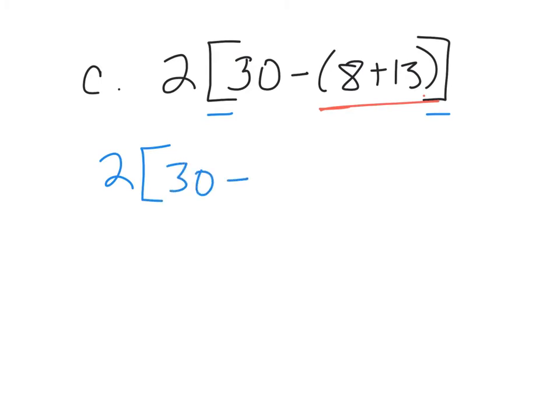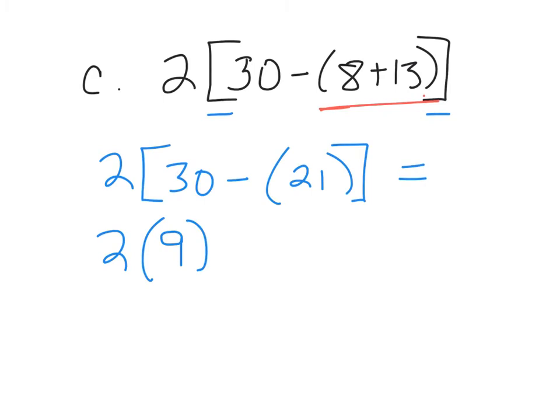30 minus, all right, what is 8 plus 13? 21. Okay, so then I have 30 minus 21, which would be? 11. Close. 9.